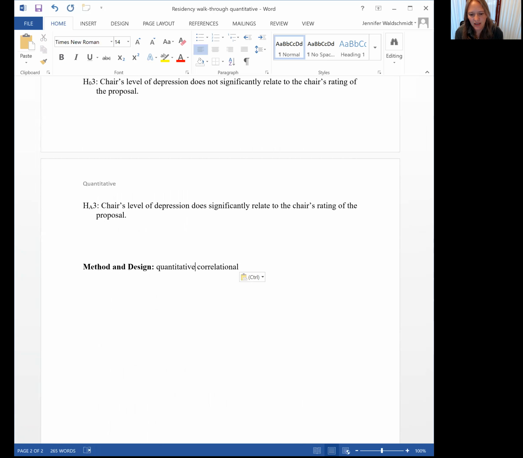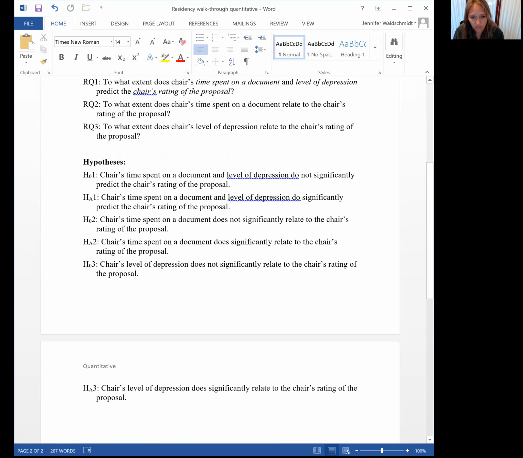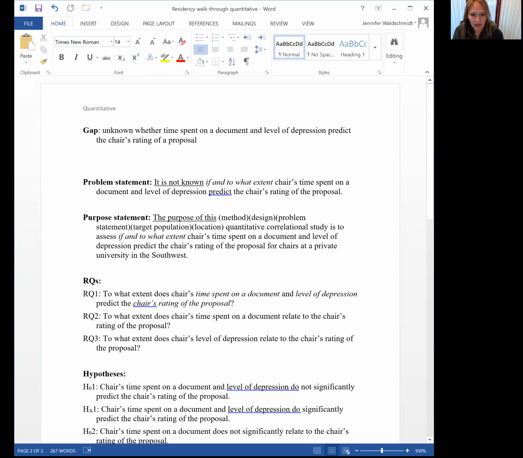And the response that I get is, So what I ask folks to do is just put quantitative method, correlational design. So as you're going back and looking at these 10 strategic points, it becomes really clear which one is the method, which one is the design. So here's our example of a quantitative gap and 5 of our 10 strategic points that are highly aligned with a few little tidbits in between.